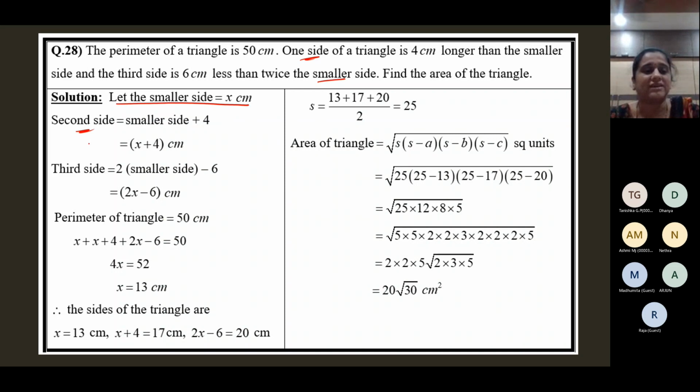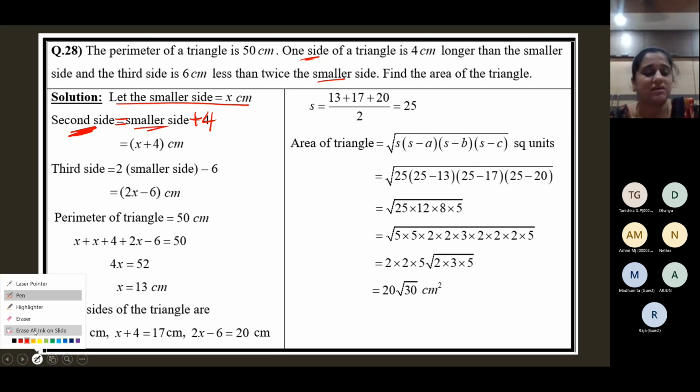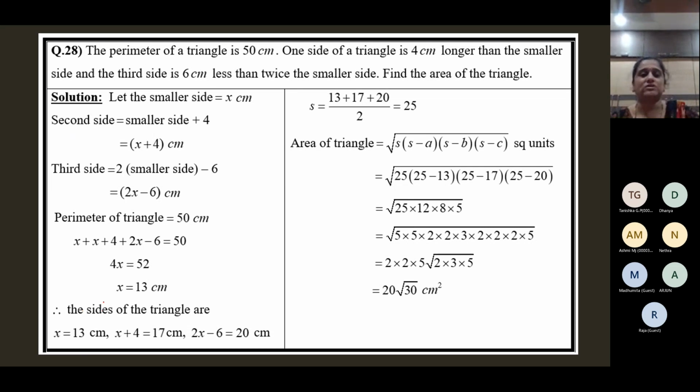Okay, see here, the second side is equal to 4 centimeters longer than the smaller side. Whatever is in English, just convert that to a mathematical equation. Second side is equal to, 4 centimeters longer than something, so plus 4.